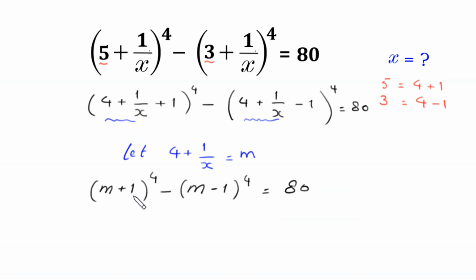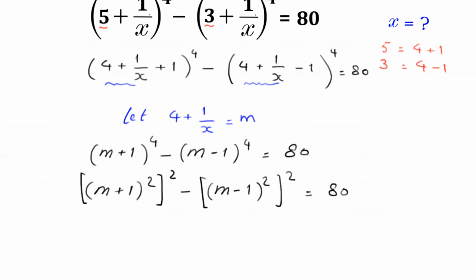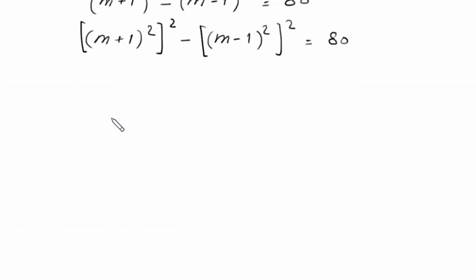Now this (m plus 1) whole to the power 4 can be written as ((m plus 1) whole squared) whole to the power 2 minus this (m minus 1) whole to the power 4 can be written as ((m minus 1) whole squared) whole to the power 2 is equal to 80. Now at left side we have difference of two squares.